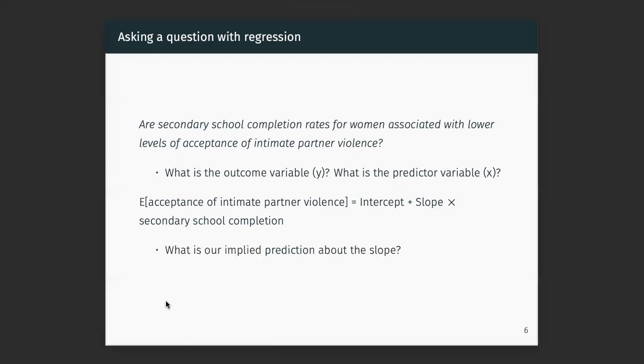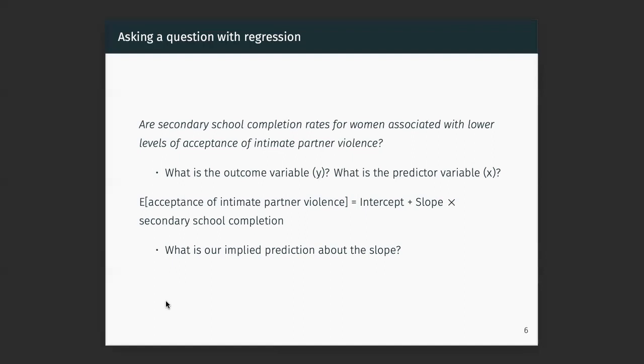So our implied prediction about the slope, which we might call a hypothesis. What's the hypothesis here, using a feminist framework? The hypothesis is that we should see a positive association between secondary schooling and rejection of intimate partner violence.